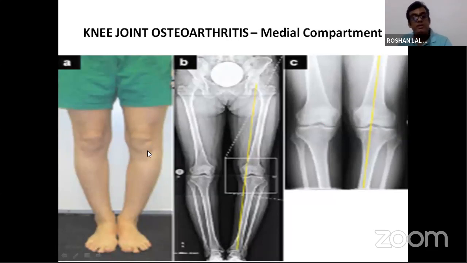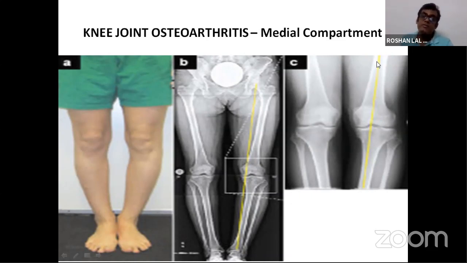To assess the varus deformity, we can take an X-ray of the patient and draw a line from the acetabulum to the anterior midline of the ankle joint. Normally this line passes through the anterior midline of the knee joint. When this line passes through the anterior midline of the knee joint, it means there is no deformity.